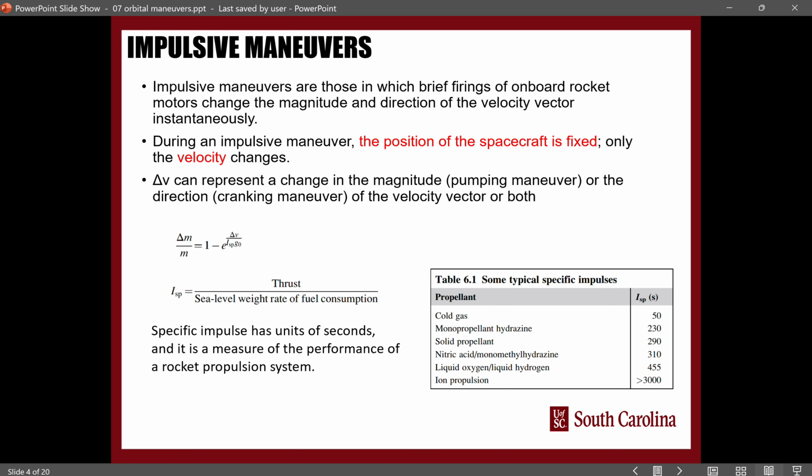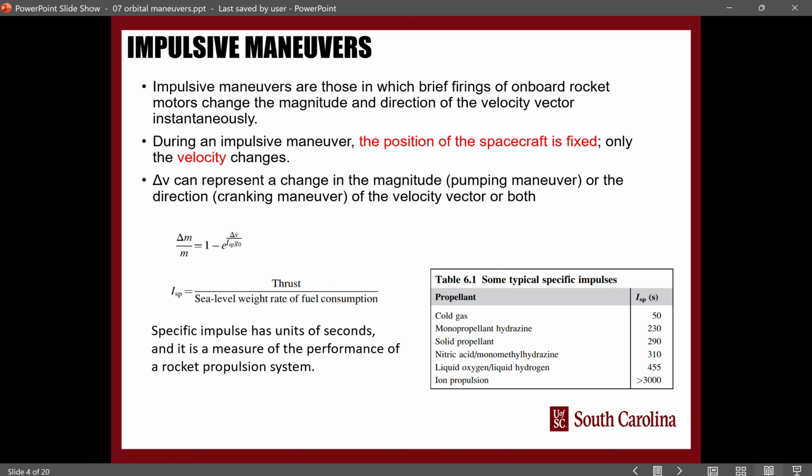We have to fire the rockets for a little bit to change the velocity, to change the energy, to go to a different orbit, right? And that's what an impulsive maneuver is. The idea is you have to keep in mind that this is just a very sudden firing of the rockets, right? So we just assume that it happens instantly without any position change. So at one point, you are not on a circular orbit around the Earth anymore, for example.